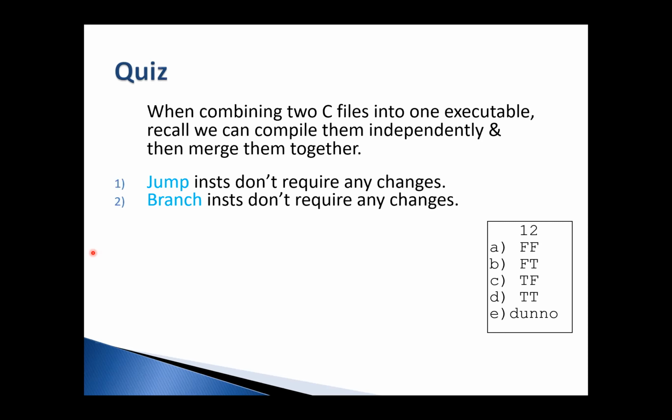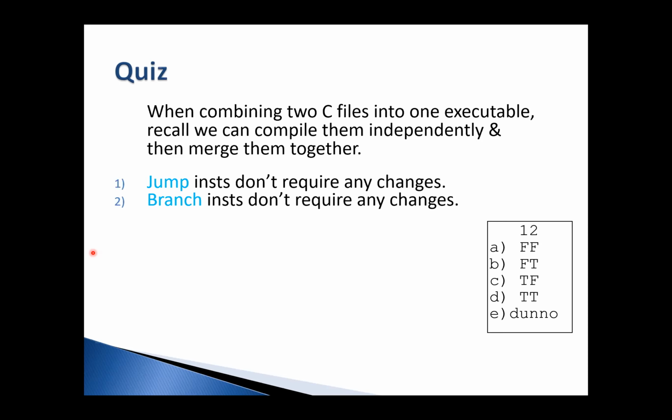When I have the jump statement in the instruction, just like the one that I showed you in the OneNote, do I need to change the target address when I combine the files? The second one, branch: do I need to change the immediate after I combine the files? What do you think?